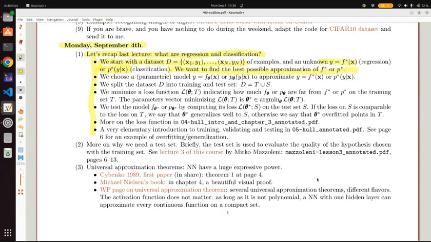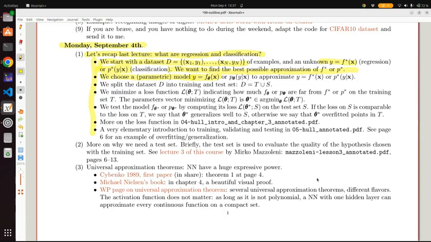Now, we said the last time that we choose a parametric model. There are also other non-parametric models, but we restrict our attention to parametric models. And so this function is now a family of functions parameterized by a parameter theta.